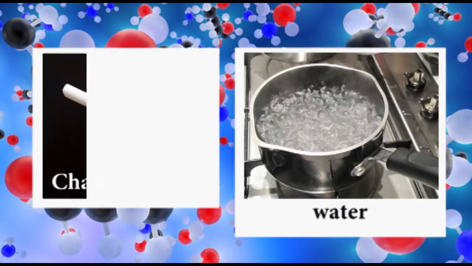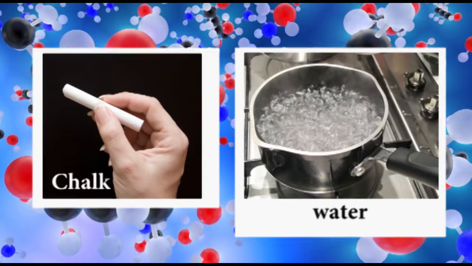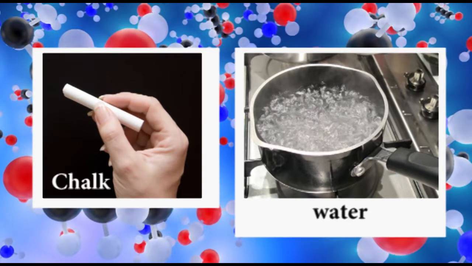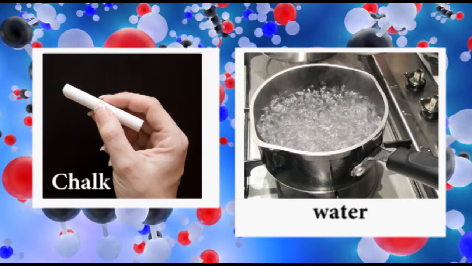Now, when you hold a piece of chalk in your hand, why is it very difficult sometimes for us to break that piece of chalk? What is actually happening inside the liquid water, and what is happening inside the solid chalk?